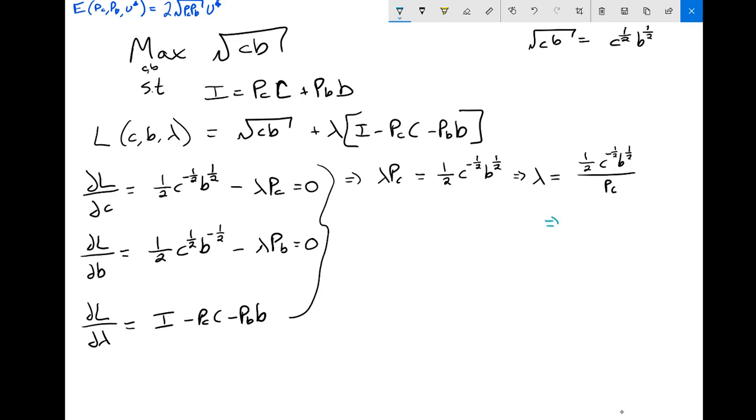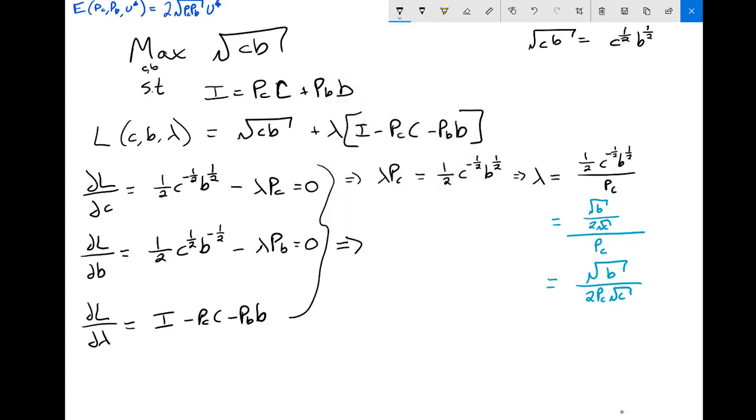This is going to simplify to square root of b divided by 2 square root of c, all of which is divided by pc. That is going to simplify to square root of b divided by 2 pc square root of c. Okay, so lambda equals that.